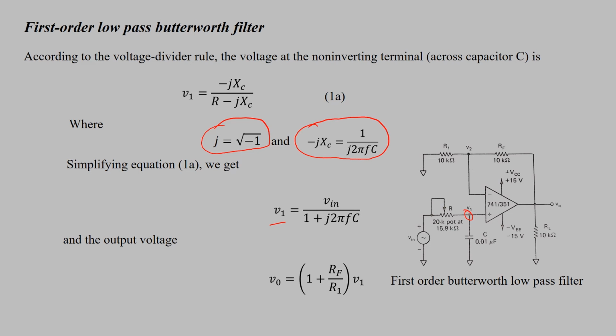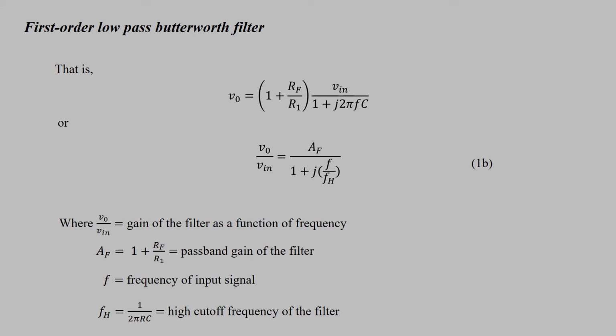Now the output voltage, V0, is 1 plus RF over R1 times V1, because it is there at the positive terminal of the op amp. So V0 becomes 1 plus RF by R1 into Vin over 1 plus j2πfRC.